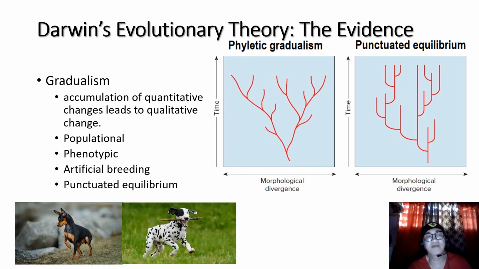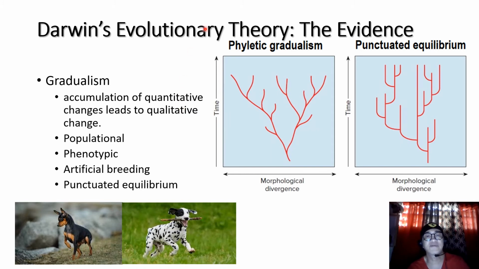According to Darwin's evolutionary theory, evolution occurs in a very gradual manner. Evolutionary changes occur very, very slowly, and these changes ultimately accumulate in the population, leading to qualitative change.